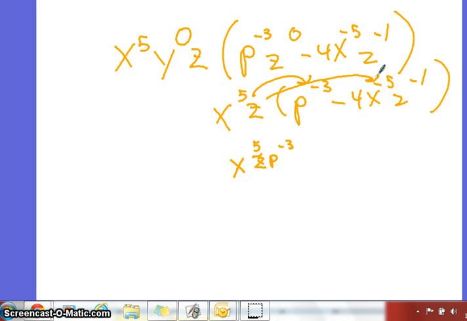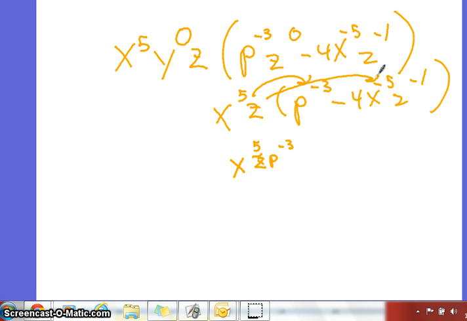x to the 5th, x to the negative 5th. It's just 1, right? Because 5 minus 5 is 0, and x to the 0 power is 1. z to the first power and z to the negative first power: 1 minus 1 is 0, right? z is gone, z is 1.